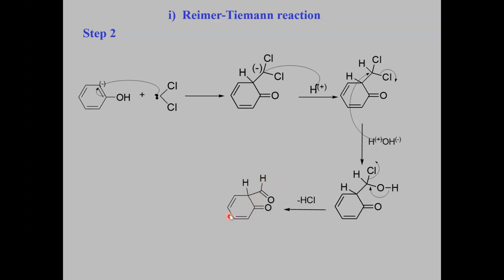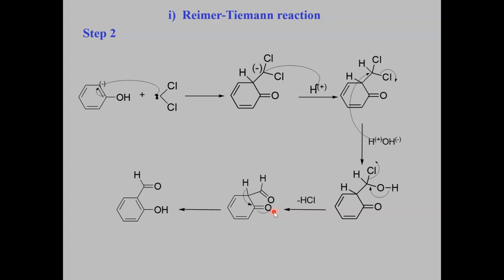It regains its aromaticity for its stability. The carbon-hydrogen bond breaks. Electrons move towards the benzene ring system. The pi electrons move onto oxygen, and this O minus combines with H plus, and it gives rise to the corresponding salicylaldehyde. The Reimer-Tiemann reaction is unique because an intermediate carbene is formed which is not seen in any of the other reactions.